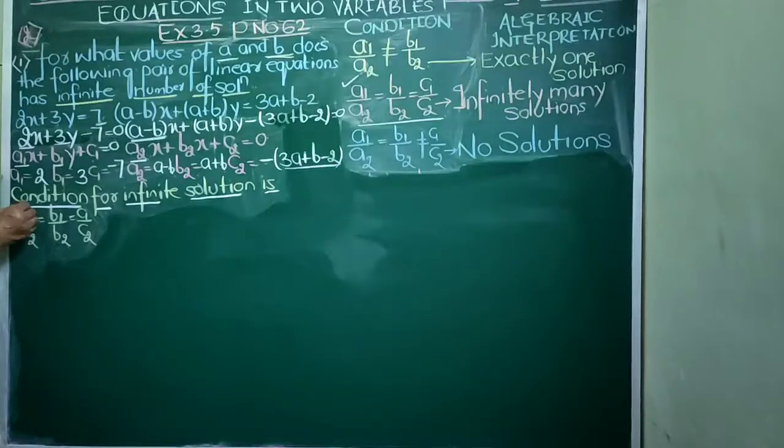Now here the condition for infinite solution is A1 by A2 is equal to B1 by B2 is equal to C1 by C2.